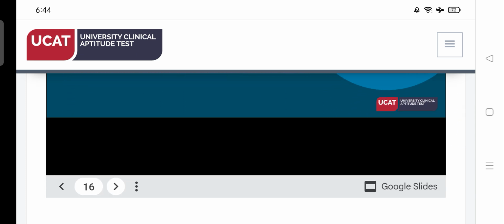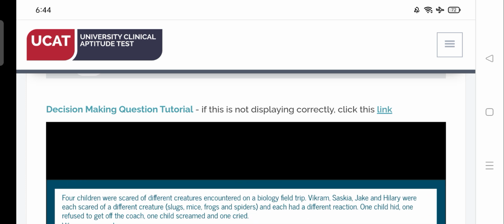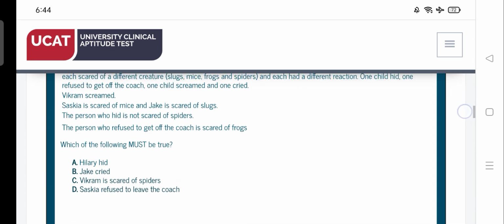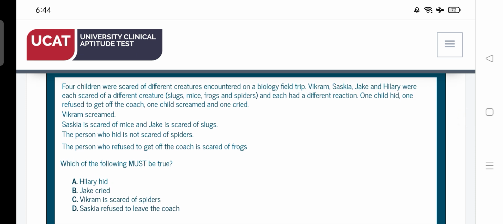Now here we have an example question for the logical puzzle type. That's how data, or you can say a passage, will be provided to you. So first here we have: 4 children were scared of different creatures encountered on a biology field trip.